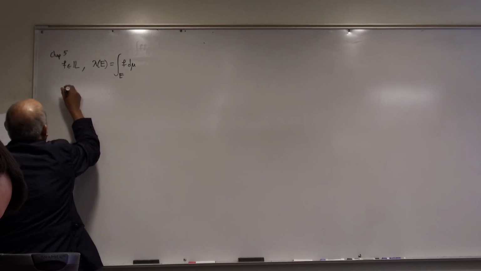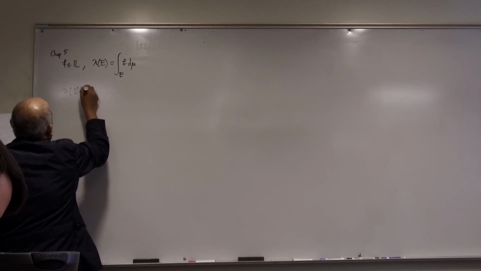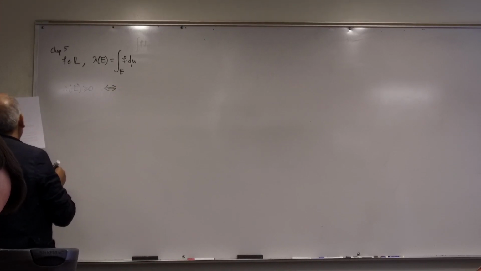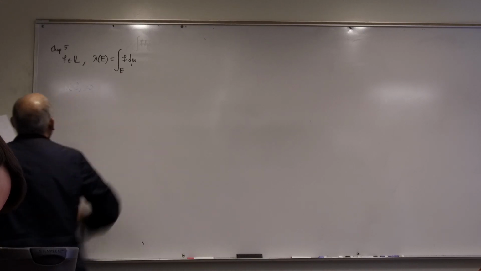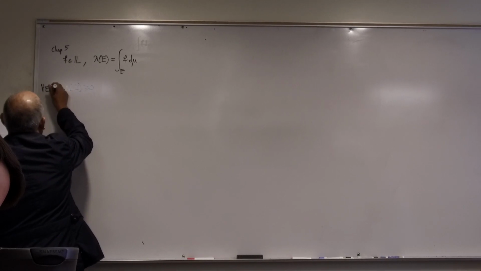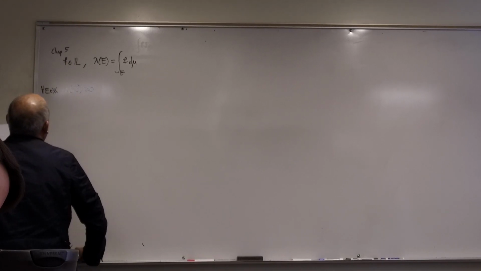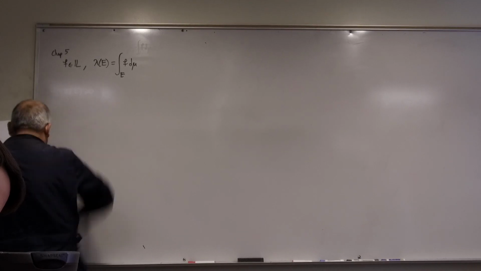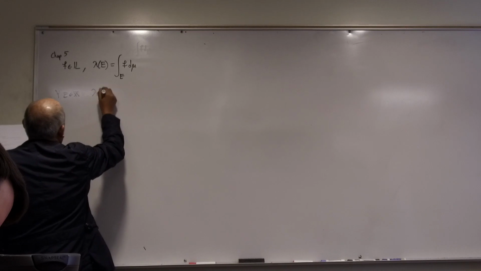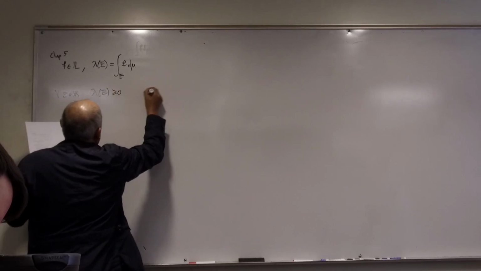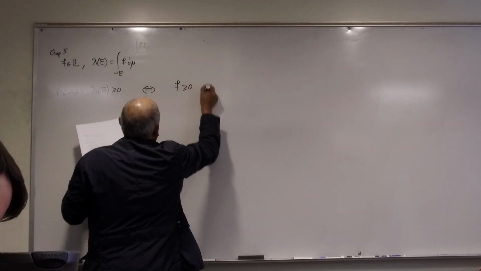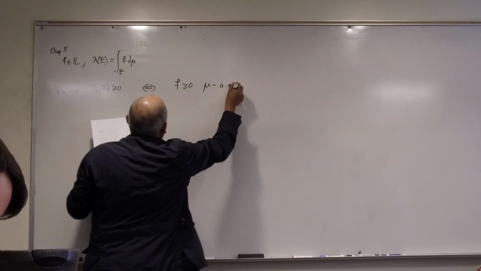So show that lambda of E is greater than or equal to 0 for all E in X if and only if f is greater than or equal to 0 mu almost everywhere.